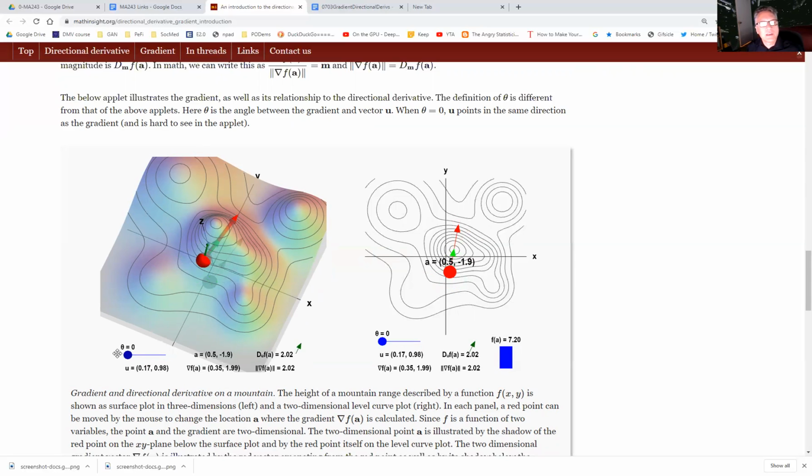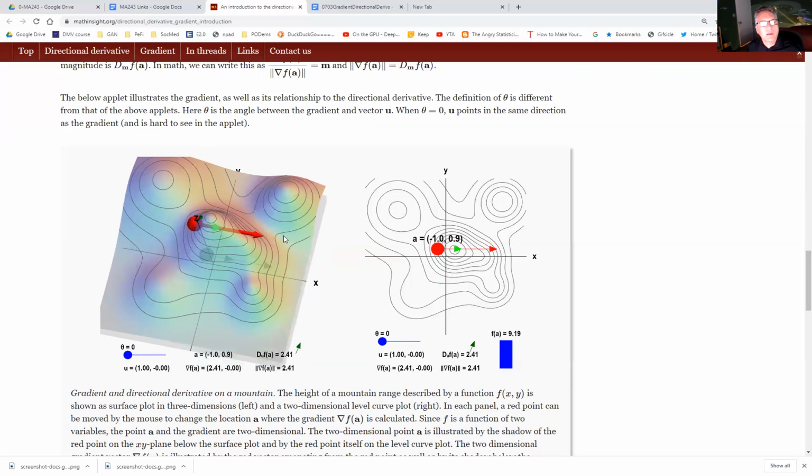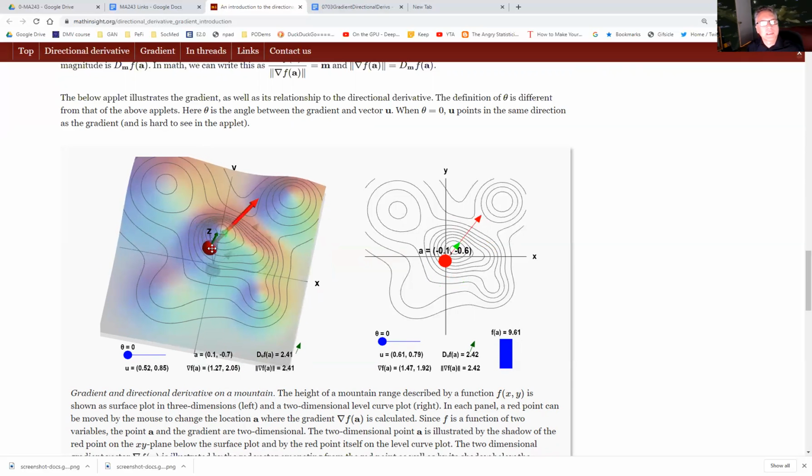Oh, and it looks like in this applet, the angle theta is the angle counterclockwise from the gradient. So in the previous one, theta 0 was the positive x direction, but here the angle theta is the angle between u and the gradient. If that angle is 0, then the directional derivative is the length of the gradient.